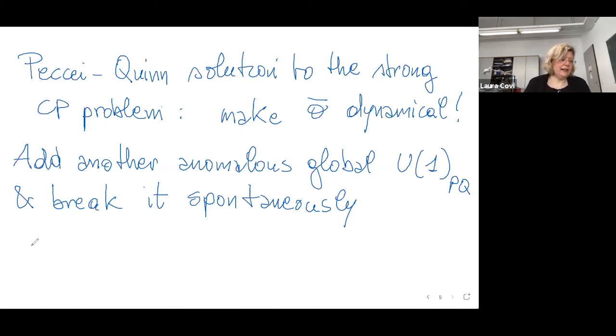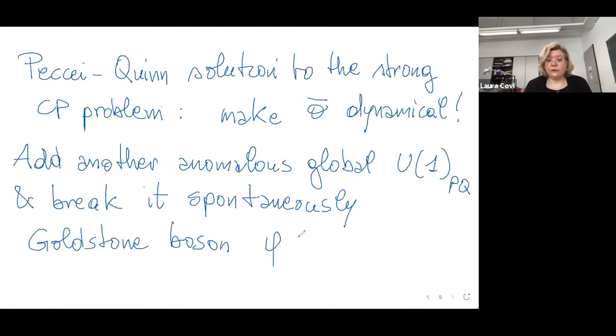So what survives is actually a Goldstone boson, which is exactly the axion field. And I call it here phi, which is massless, of course, at this level, as long as you have not broken this symmetry in any other way. So massless.